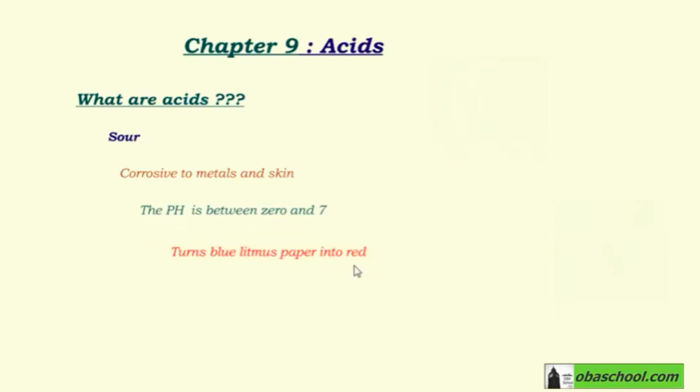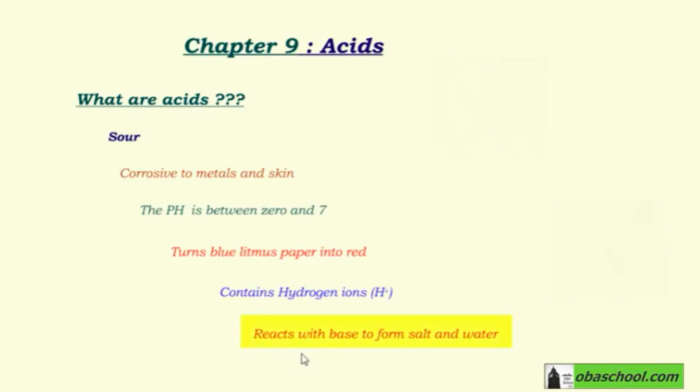We will talk about this later. Acids contain hydrogen ions, H+, and lastly react with bases to form salt and water. So when an acid reacts with a base, it gives salt and water.